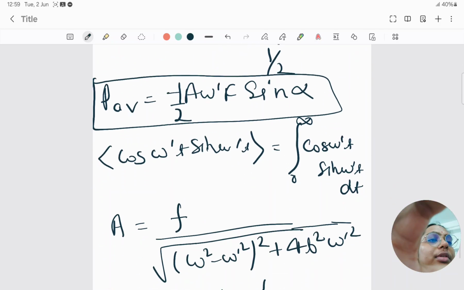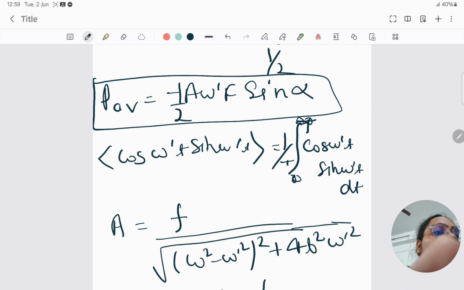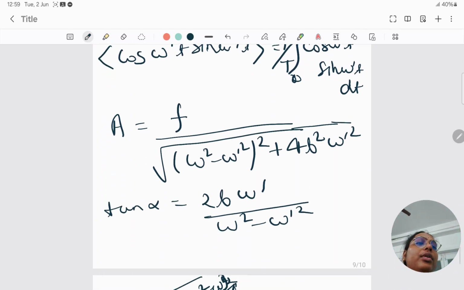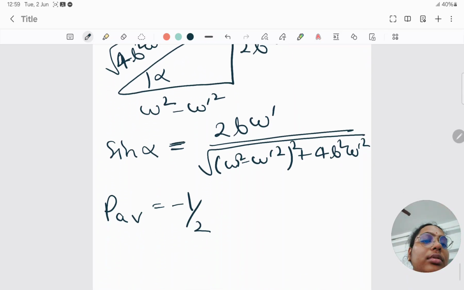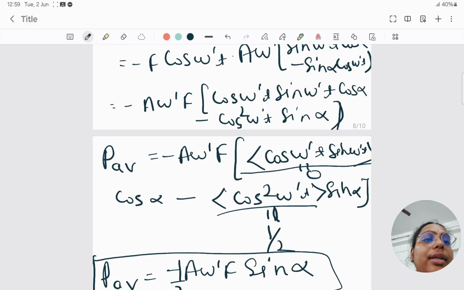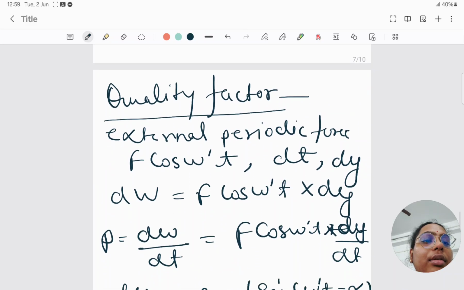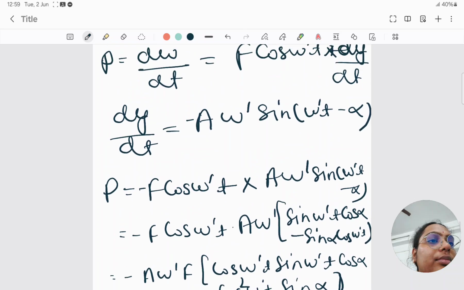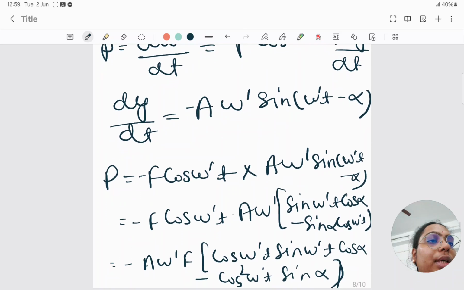This integral will be nothing but 0 to T, 1 by T. Okay, so minus half, this minus, why is this coming, there should not be minus.